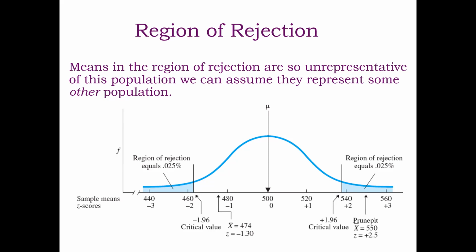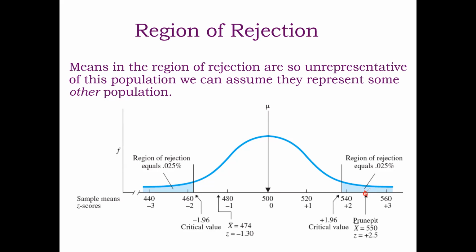So for example, we collect a sample and we take the mean of the sample, right? And then we calculate the z-score, which we'll be doing next week, and we find that our sample mean is 2.5 standard deviations above the mean. So approximately right here, right?